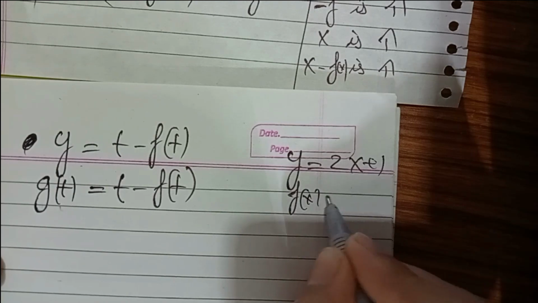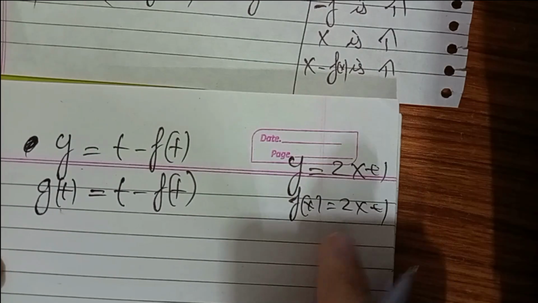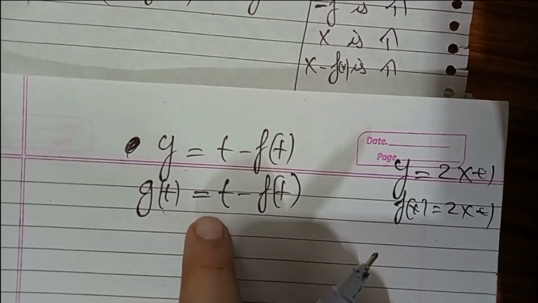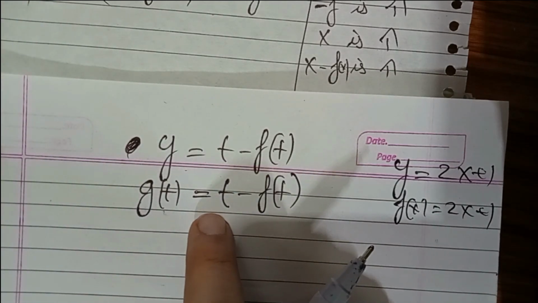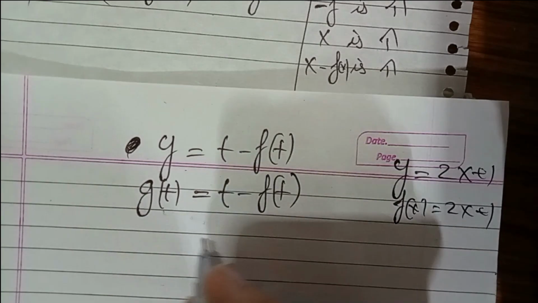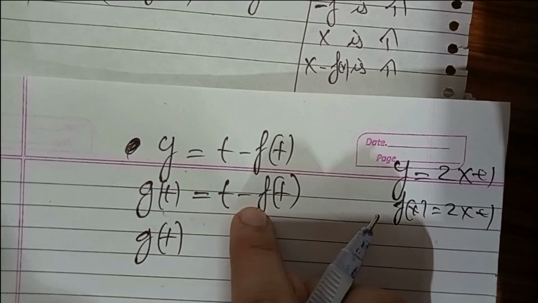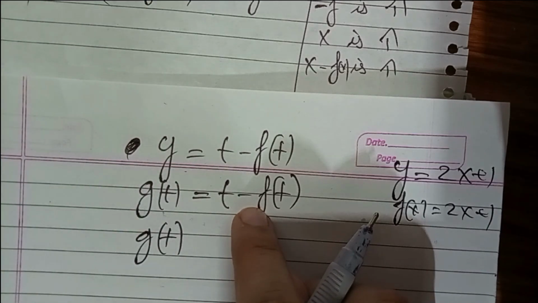We can also write this as f of x equals 2x plus 1, right? The same thing going on here. So I know that this is bijective, strictly increasing, and if we define it on an appropriate domain, this can be shown to be bijective.